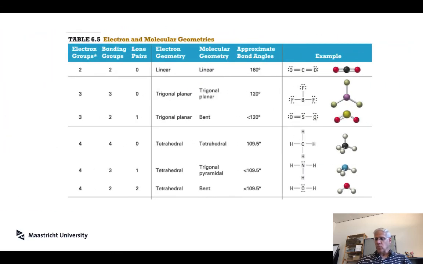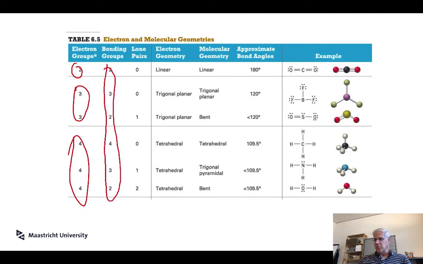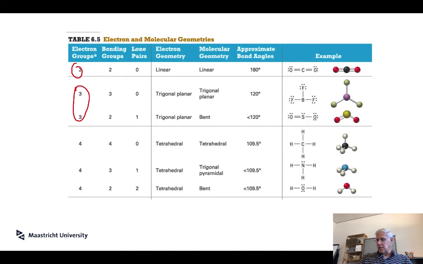So here's an example of that table. We look at the total number of electron groups here. We look at the number of bonding groups for a particular molecule and the number of lone pairs, and we just go right across. So let's say that we have a structure with 4 electron groups, 3 bonding groups, and 1 lone pair. We have an electron group geometry that's still going to be tetrahedral, so 4 electron groups will always arrange themselves in a tetrahedron.